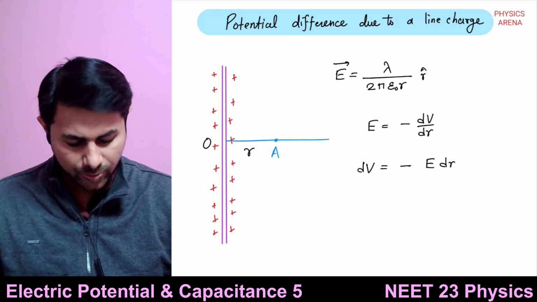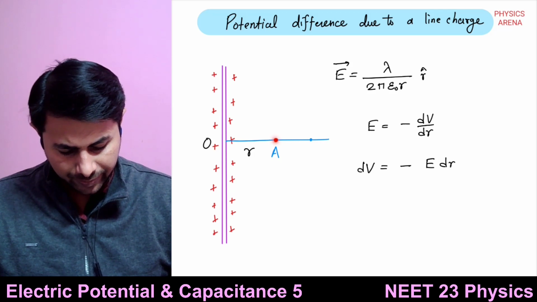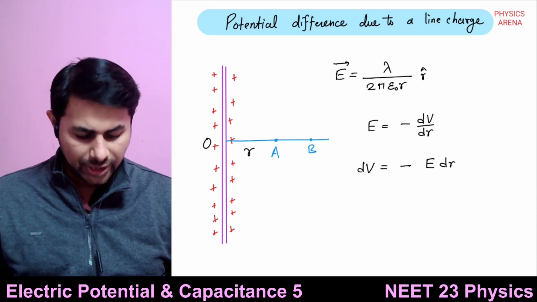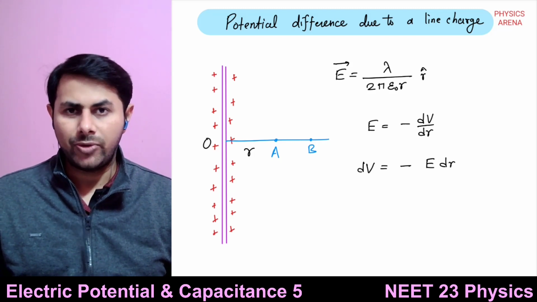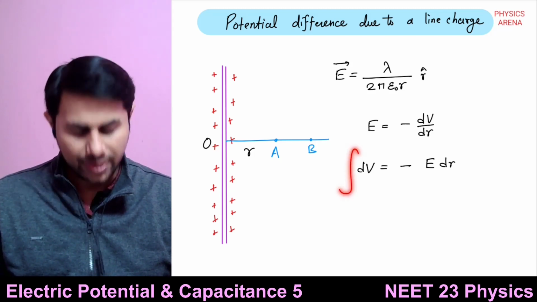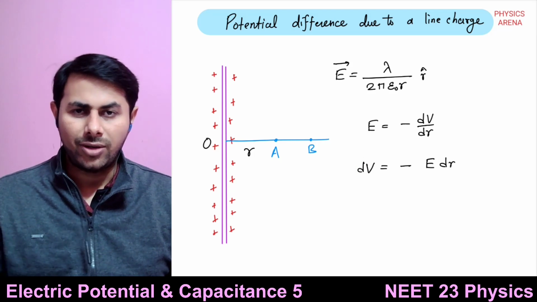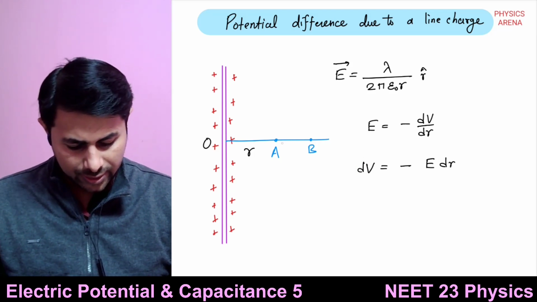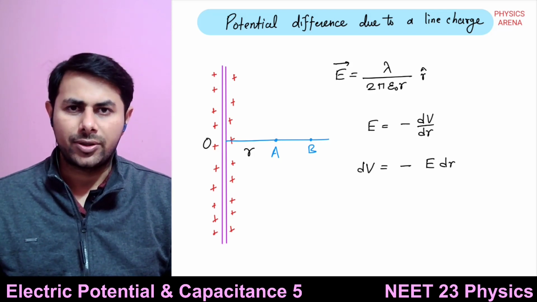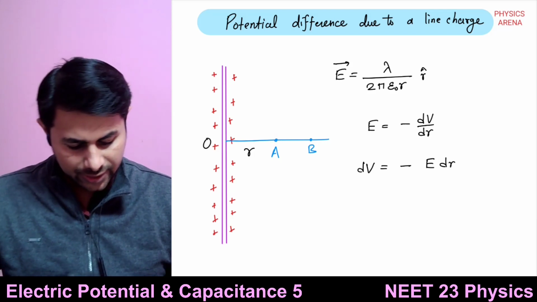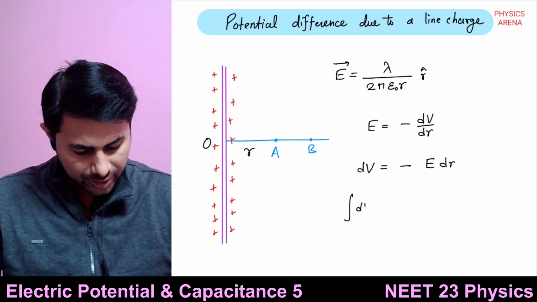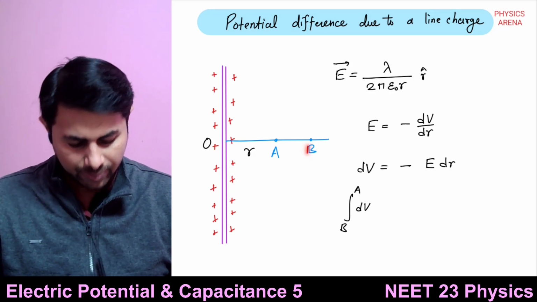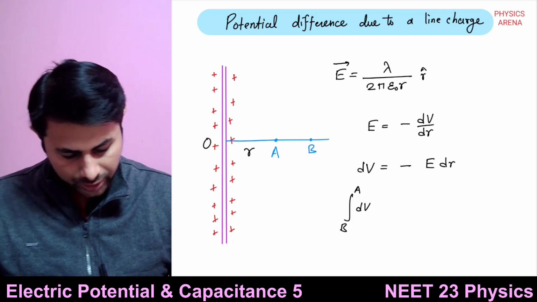Then suppose we take 2 points. This is point A, this is point B. Okay, the potential difference between these 2 points will be what? It will be the integral of dV from point A to B. Actually, potential at A will be more than potential at B. So I can say it is the integral of dV from B to A. So suppose lower limit is B, upper limit is A. So what we get?